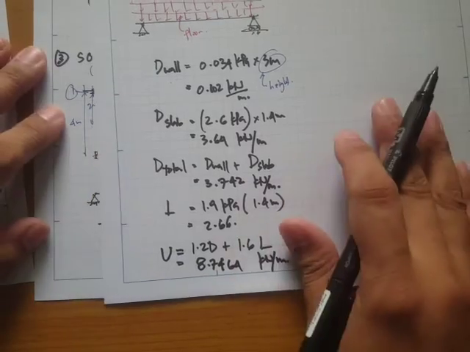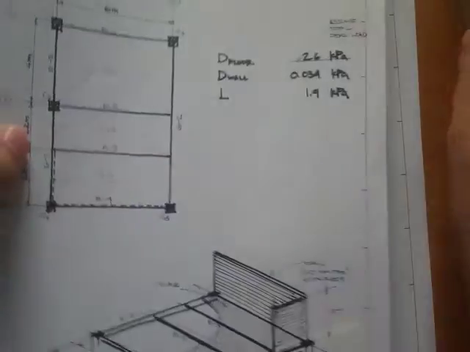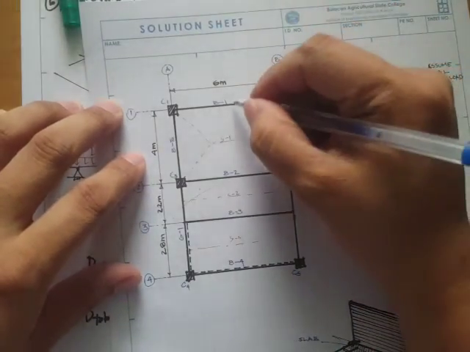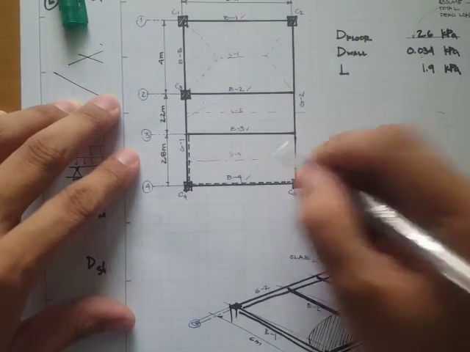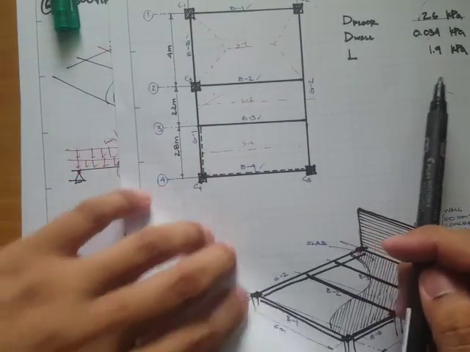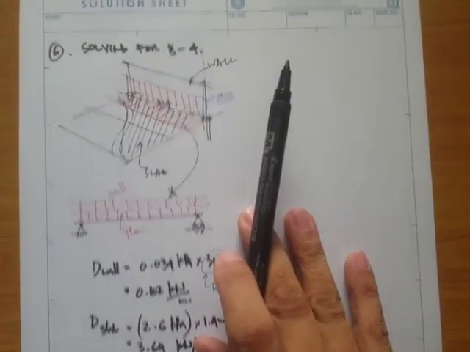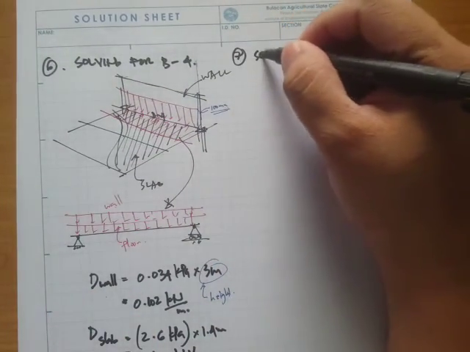Okay, so on step number 7, this is already solved, so B-1 is okay, then B-2, B-3, B-4, then we'll solve for B-5. Okay, so B-5.